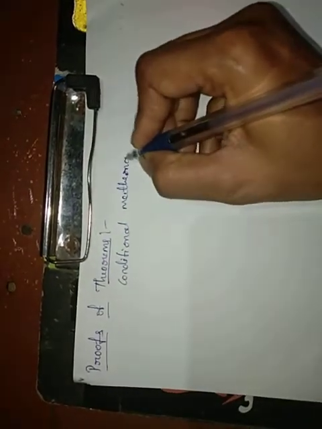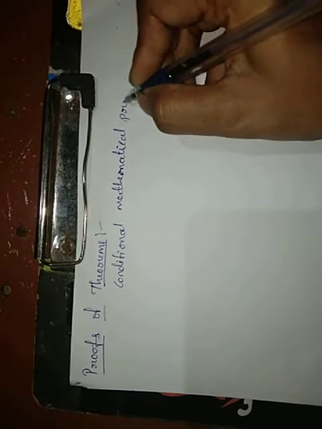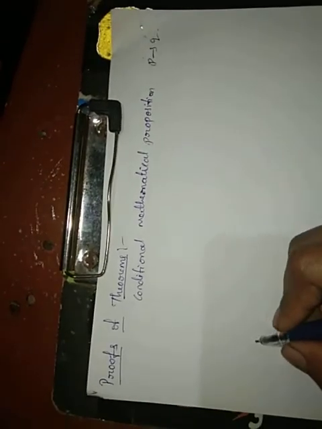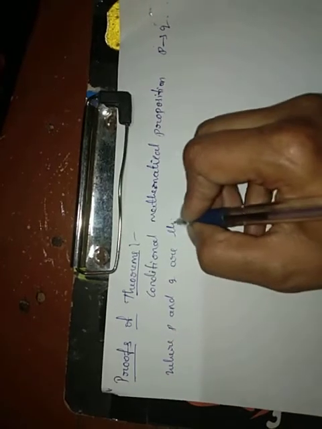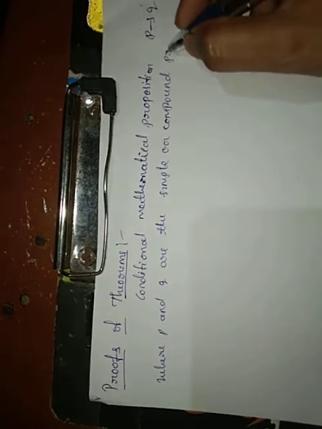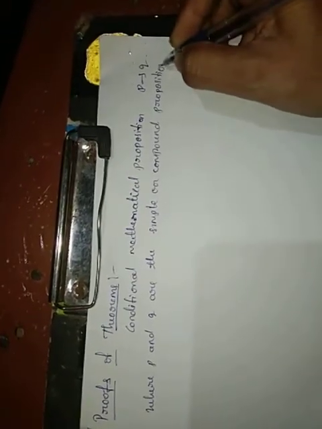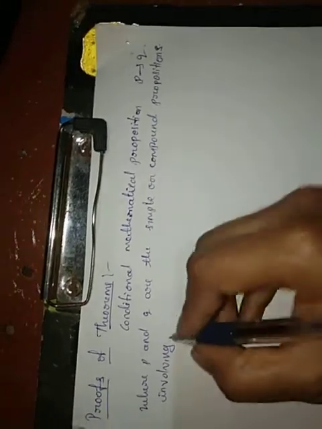Consider a conditional mathematical proposition that is of the form P implies Q, where P and Q are simple or compound propositions, those involving quantifiers.